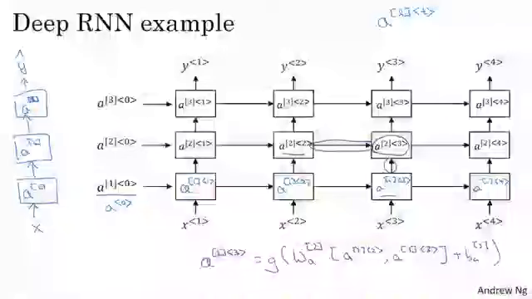And so the same parameters, W_a^[2] and b_a^[2], are used for every one of these computations at this layer. Whereas in contrast, the first layer would have its own parameters, W_a^[1] and b_a^[1].